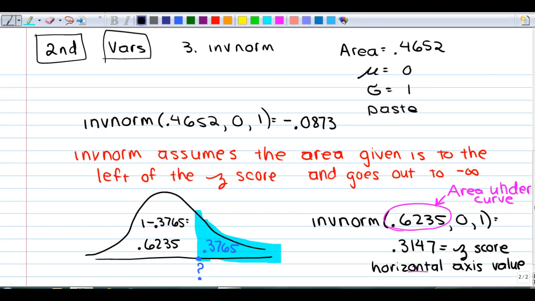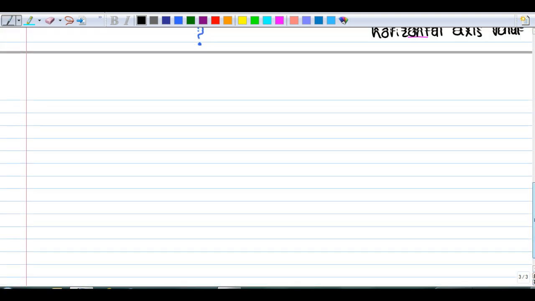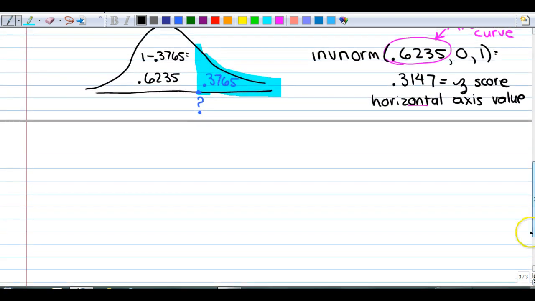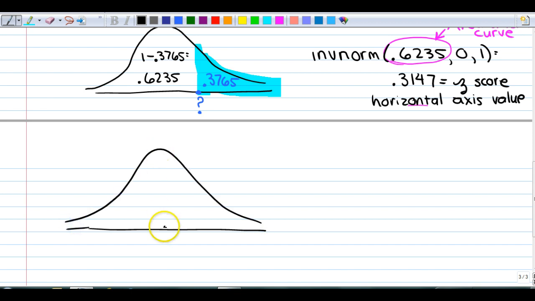If we had X random variable with a different mean and standard deviation. Let's say we had a mean of 150 and a standard deviation of 8.